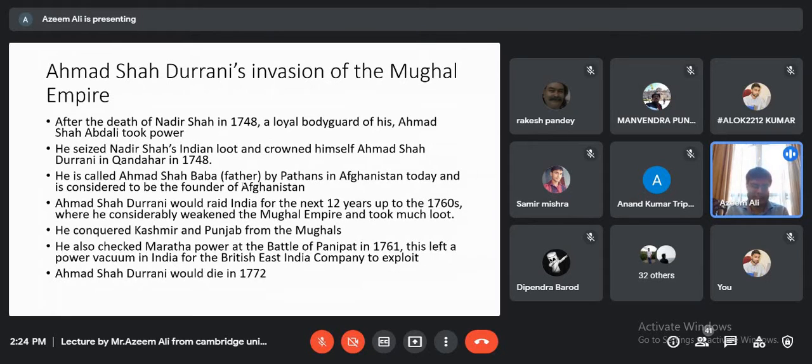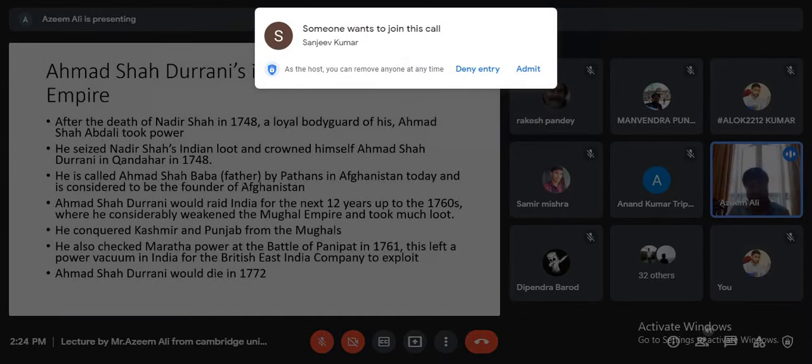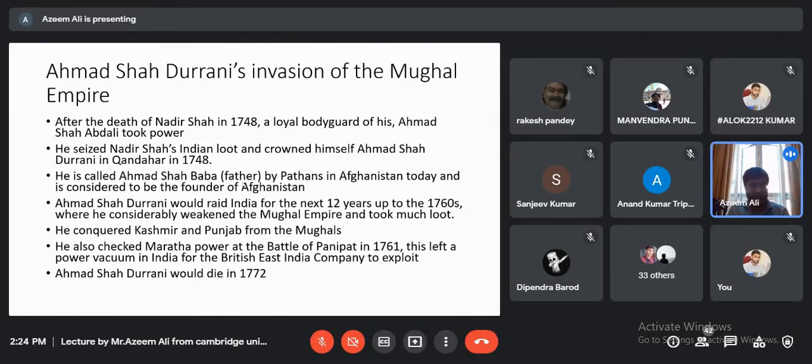He seized Nadir Shah's Indian loot, including the Kohinoor, and crowned himself Ahmad Shah Durrani in Kandahar in 1748. Even today, he's called Ahmad Shah Baba, which means father, by Pathans of Afghanistan, and he's held in great reverence.